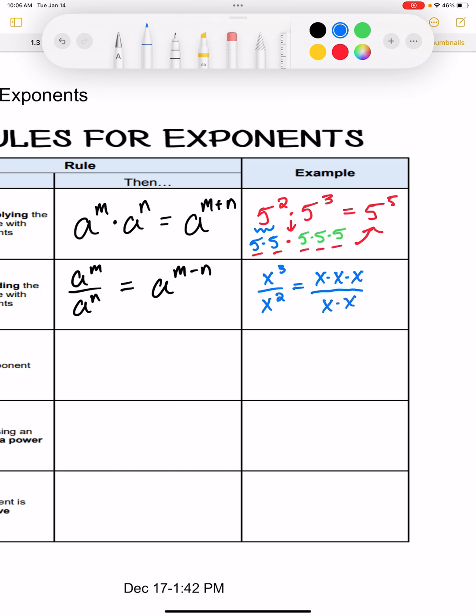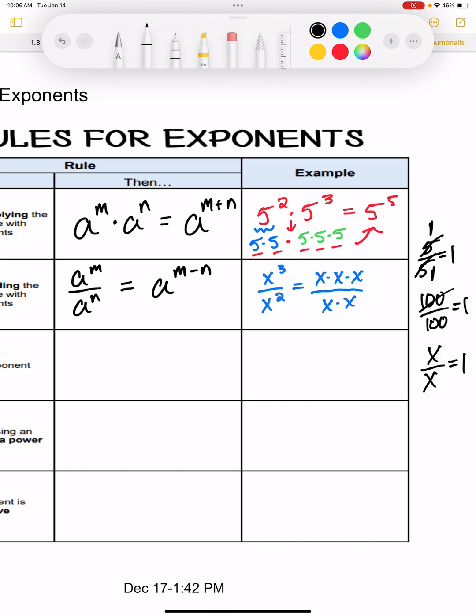And I hope you know that whatever the number is, if it's 5 divided by 5, that's going to equal 1. If it's 100 divided by 100, it's going to equal 1. If it's x divided by x, it's going to equal 1, because how many times does x go into itself? 1 time. Or you can think of it as canceling out, and you make sure you put a 1 there.